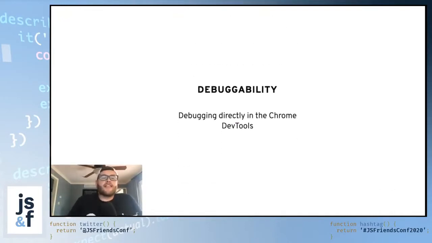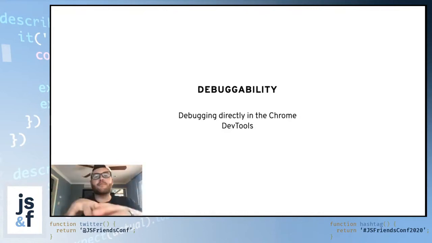Here's another thing I think is a very underrated feature of Cypress: the debuggability of it. You get very readable errors, whereas depending on the framework you're coming from, some errors can be very difficult to read. With Cypress, they're much easier to read, and you get that debugging directly in the Chrome DevTools.